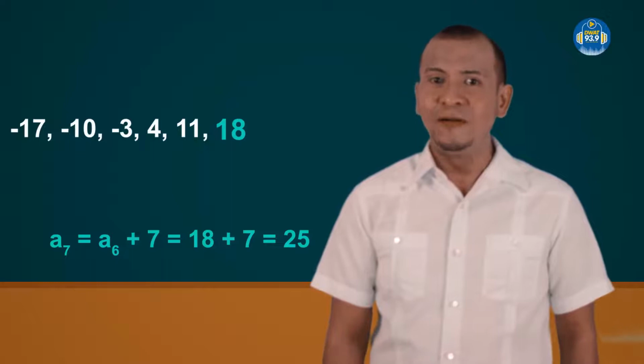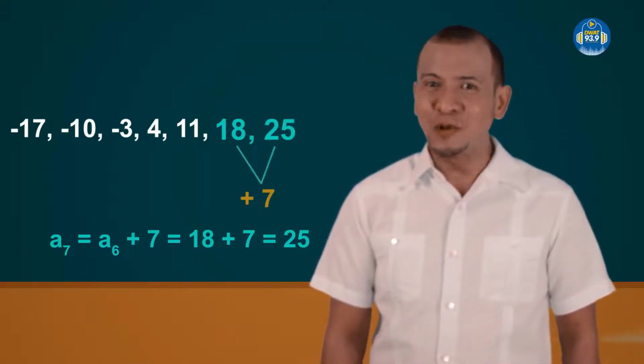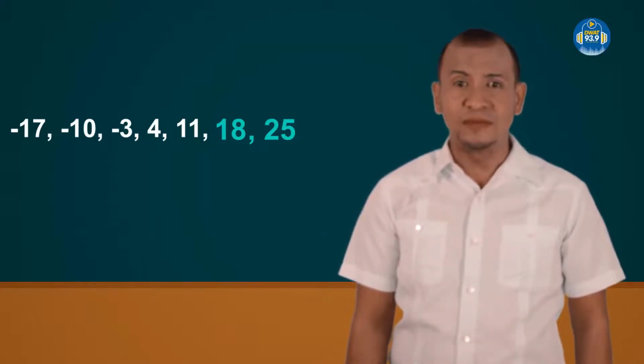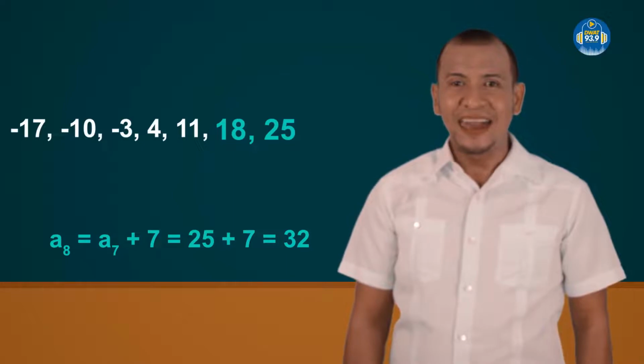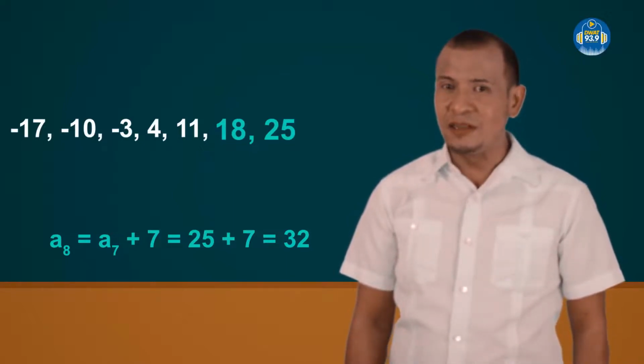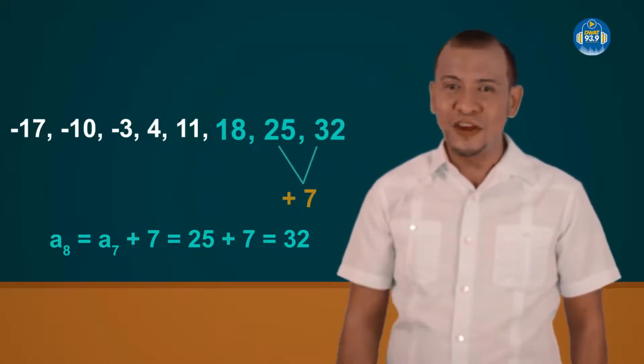So we have 18 plus 7 equals 25. Now let's find the eighth term. So we have a sub 7 plus 7 equals 25 plus 7, and that is 32.